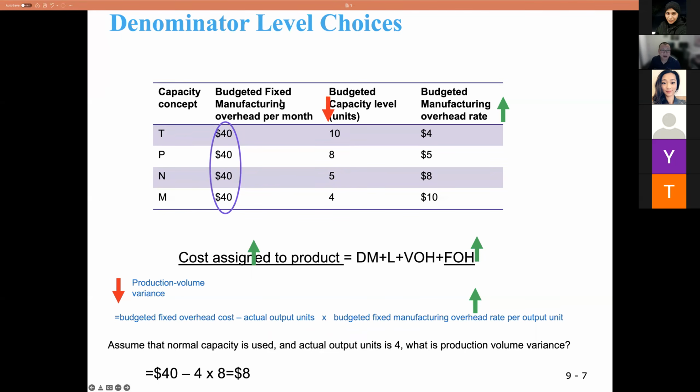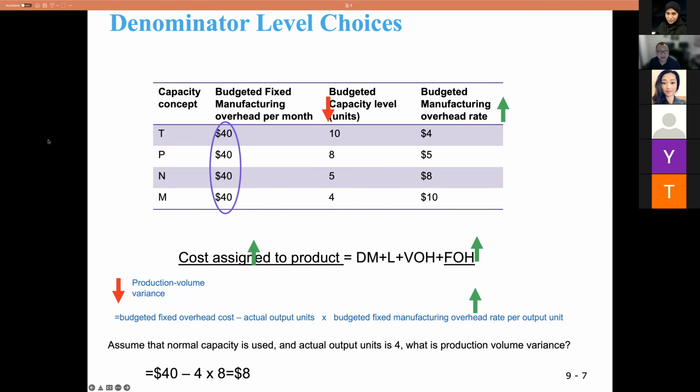Let's assume the budgeted fixed manufacturing overhead per month is $40. And the capacity for theoretical, this is the largest, is 10 units. Theoretically, I can make 10 units per month.